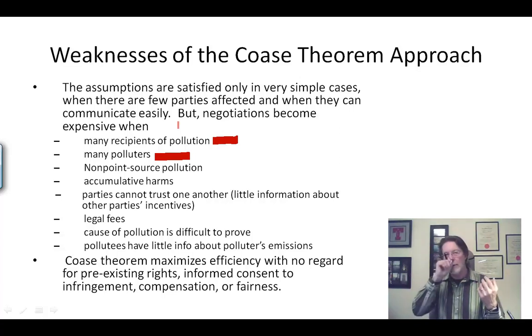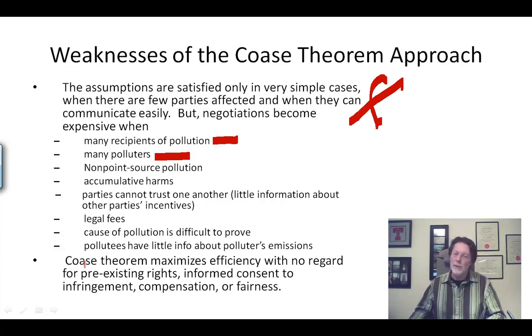The assumptions of the Coase theorem are only satisfied in very simple cases. When you've got legal fees, when you've got multiple people trying to negotiate, holding out, hoping for better deals, and so on, or when the cause of pollution is difficult to prove, in most of the real world, the Coase theorem approach just doesn't work.